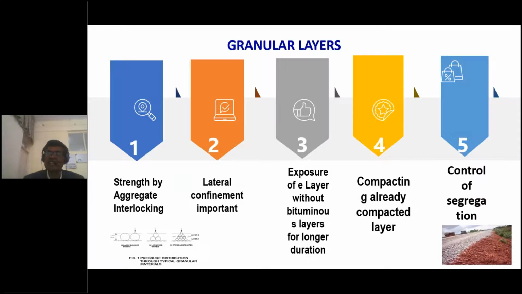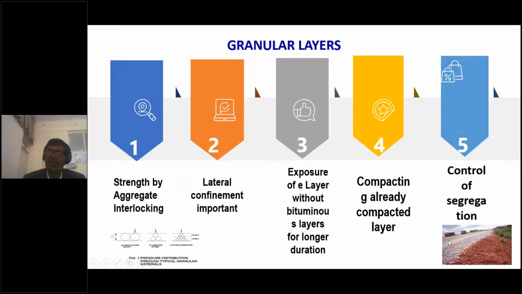God forbid, if it is the rainy season, yes, it's a dense mix DBM, but water infiltrates, it loosens the layer, the layer becomes less stable and leads to failure. So as far as possible, when we construct this DBM layer, binder layer, even the BM layer, it should be covered with a surface layer at the earliest, so that we can safeguard the life.